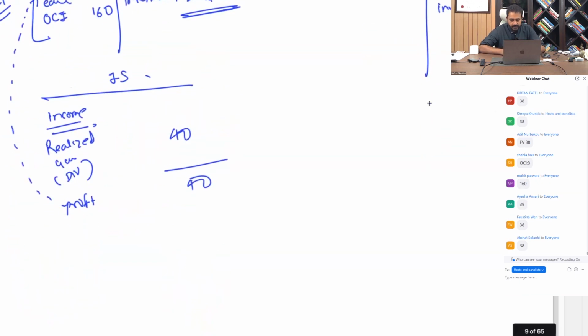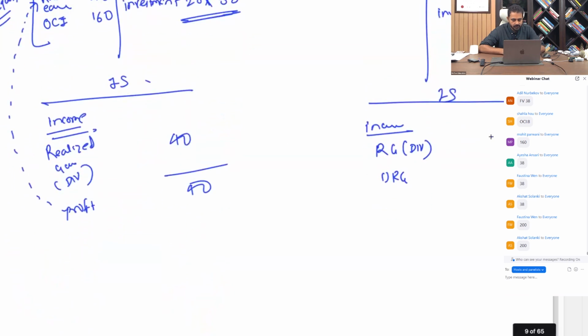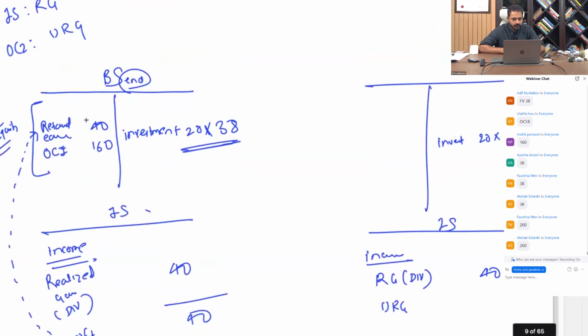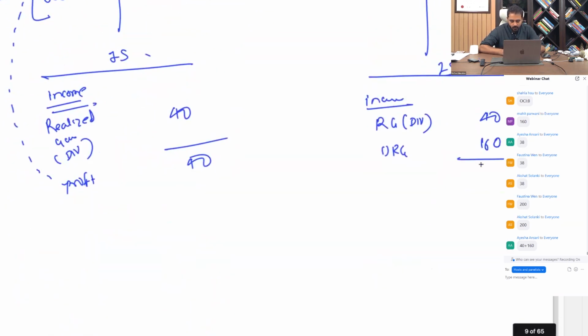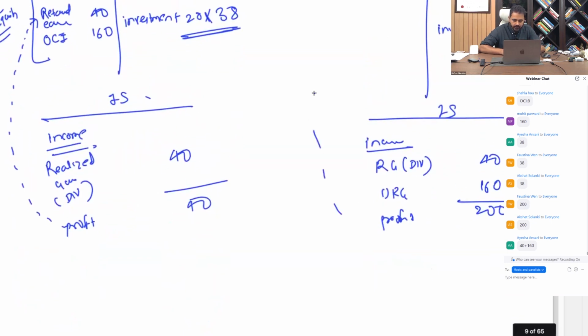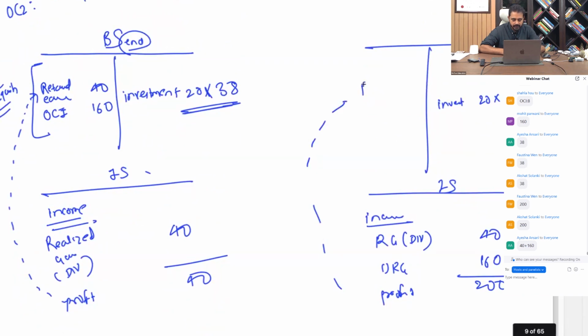Fair value. Income statement, I will have income which is made of two parts. Realized gain, which is dividend, and unrealized gain, which is your capital appreciation. One is 40, the other one is 160. Whole profit is 200.